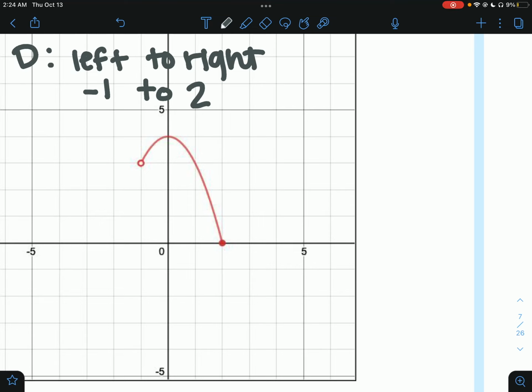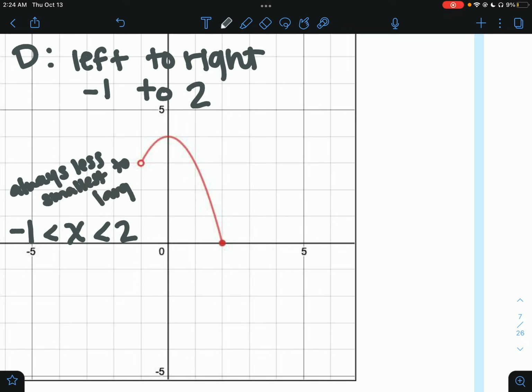We put the smallest number first: -1 is less than x, which is less than 2. Notice we always use less thans because we're going smallest to largest.